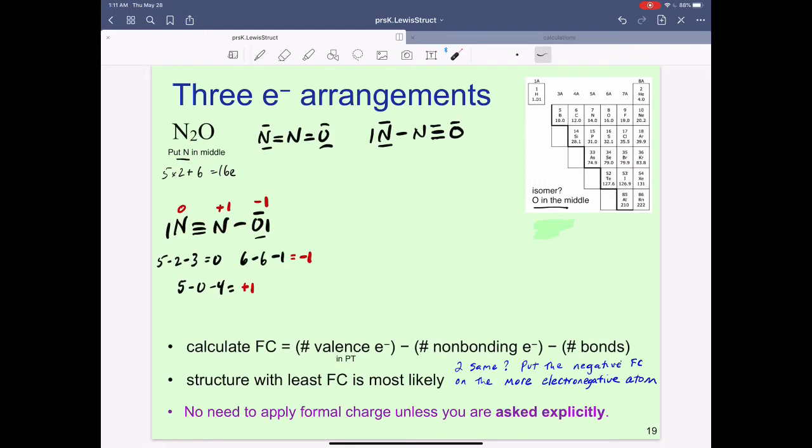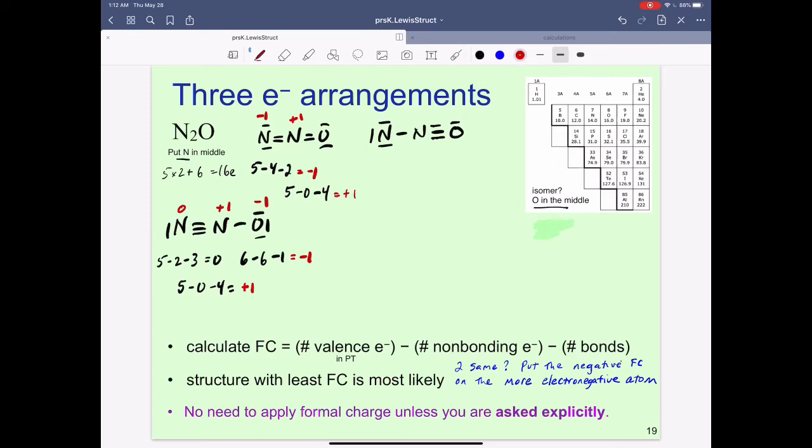Let's check the one in the middle. 5 minus 4 minus 2. We'll end up with a negative 1. And the nitrogen in the middle, 5 minus 0 minus 4 bonds, positive 1.